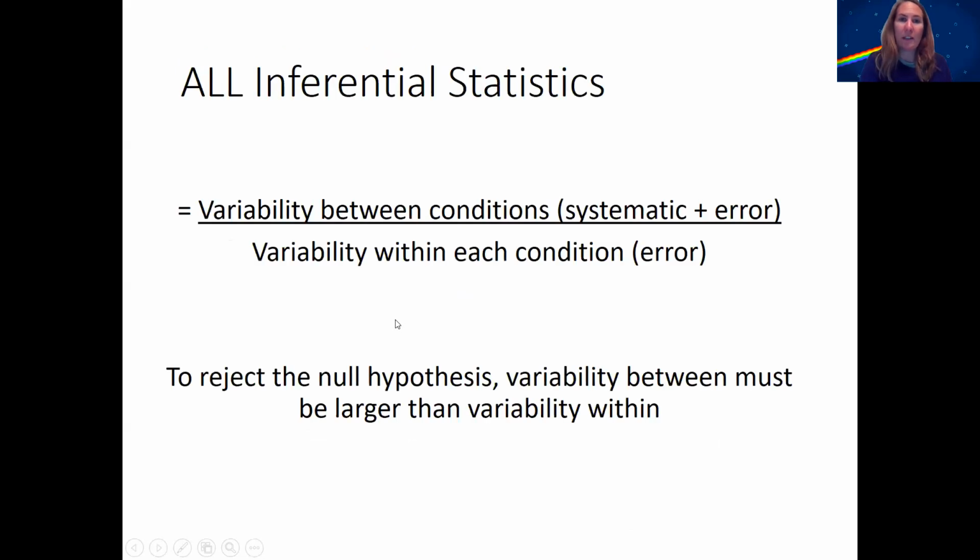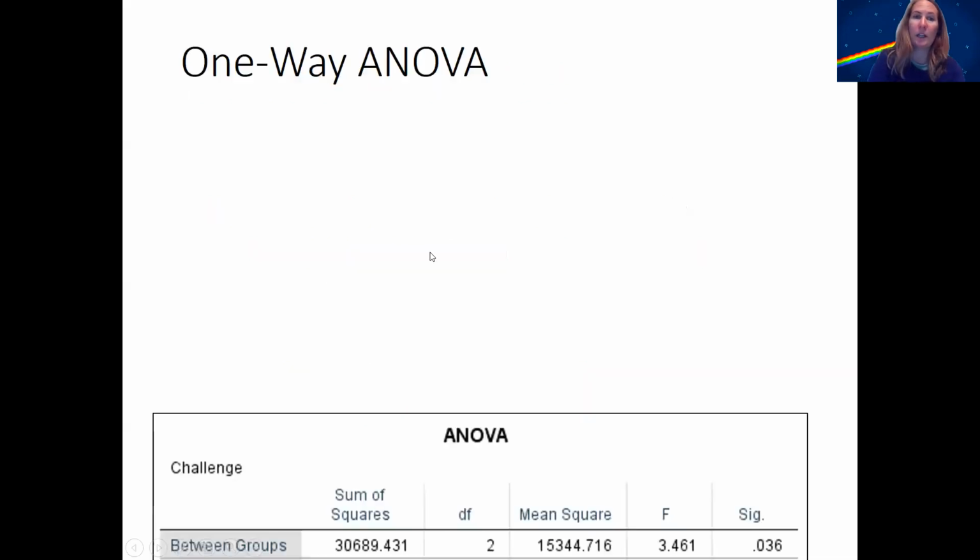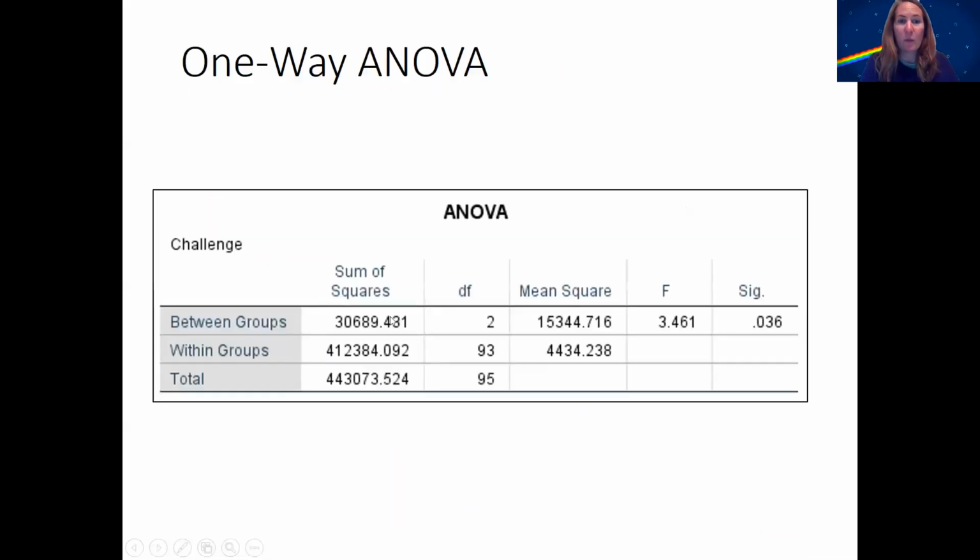If we go back to the equation, you have your between variability in the numerator and your within variability in the denominator. This is your variability between conditions and your variability within conditions. Here you have your sums of squares for your between conditions and for your within conditions. We're going to go through this equation and why it works this way.